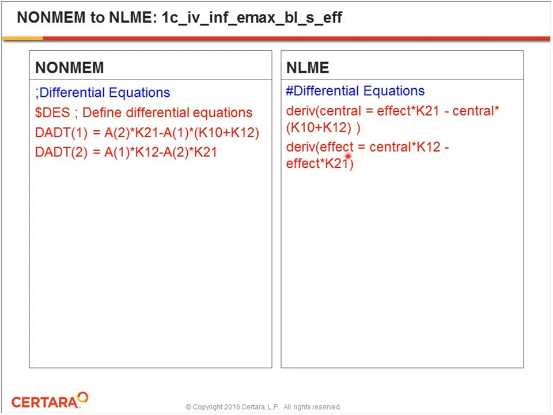And the syntax in NLME on the right-hand side shows similar equations. It just uses a little bit more text rather than these shortcuts here, but also in microconstants K21, K10, and K12, and everything in parentheses of the deriv statement. The deriv statement is used for expressing differential equations in NLME, but it's really much the same.